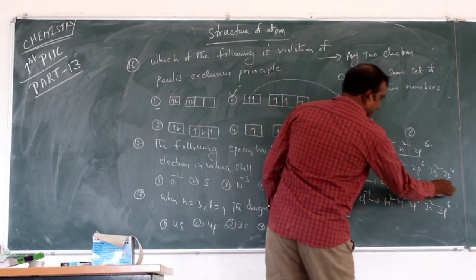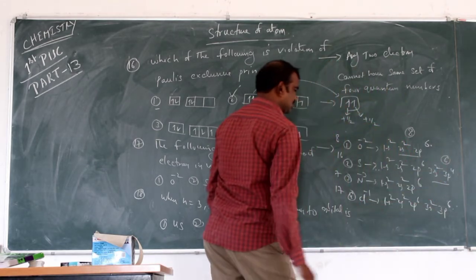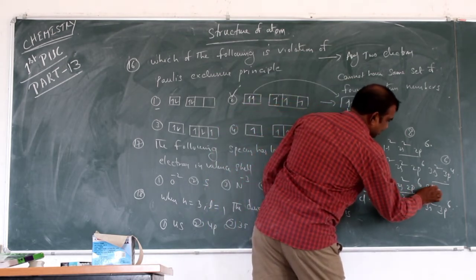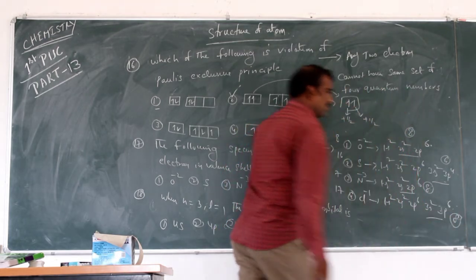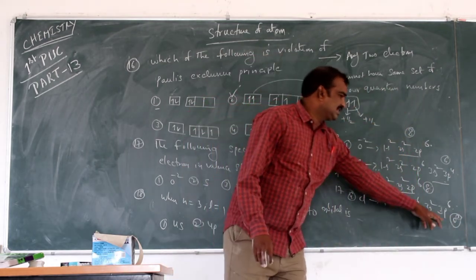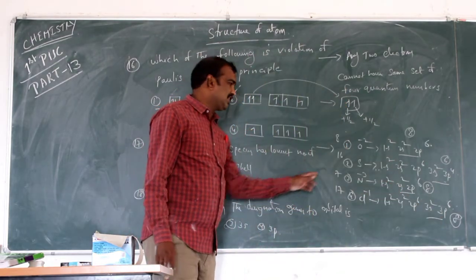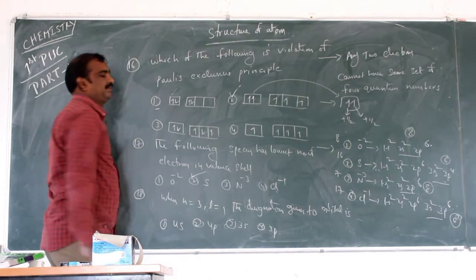What about sulfur? 6. For nitrogen, N minus 3, 8. So now 8 and 6. Which has fewer electrons in the outermost shell? Sulfur. So the answer is this one.